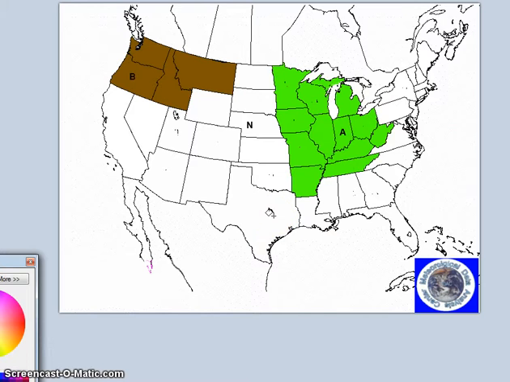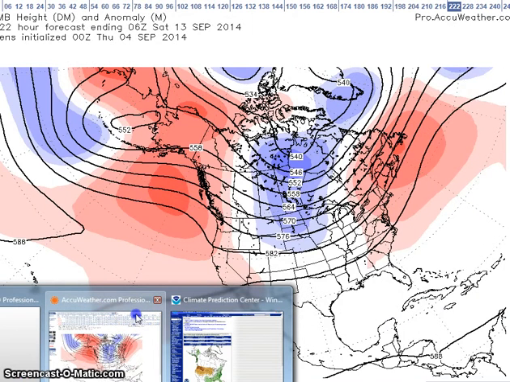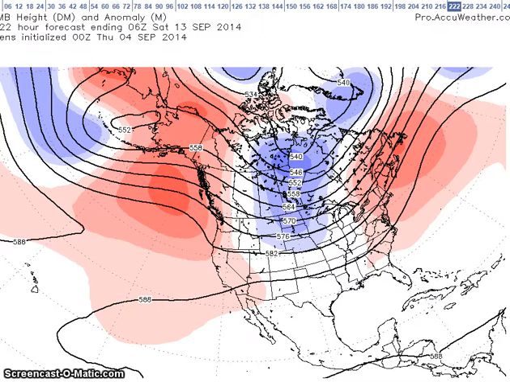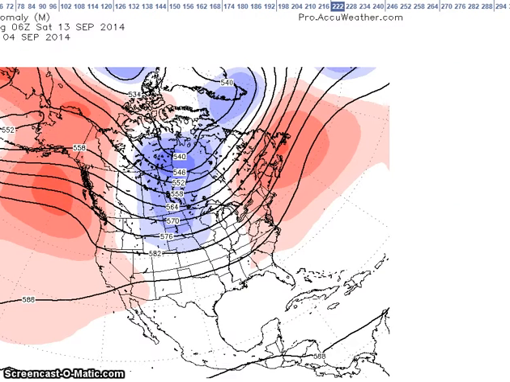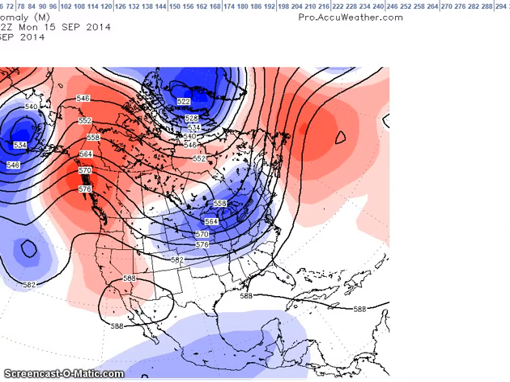Next, we're going to look at the period for September 15th to the 19th. Here's the 15th. Now we have our trough here. We have our ridge, our subtropical ridge here over the southwest. We have above normal heights here. Still a fairly deep low over the Aleutians.